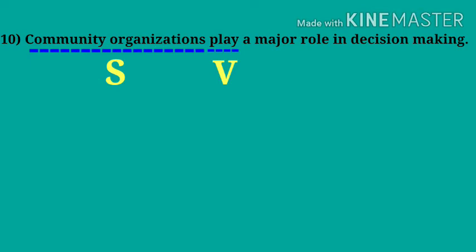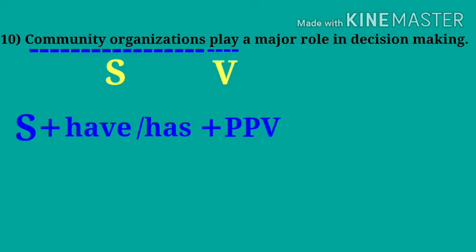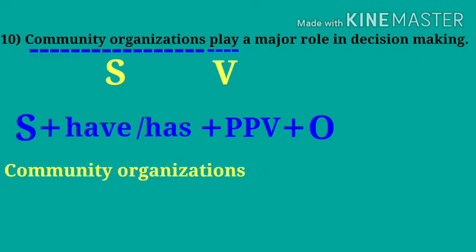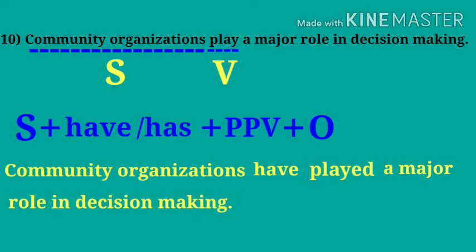Understand? So present perfect means our third column. And what is the structure? Subject plus have or has plus past participle of the verb plus object. So the answer is community organizations, as it is the plural form, we have to use have. Community organizations have played a major role in decision making.